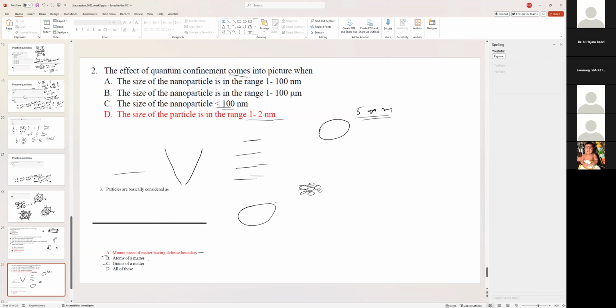Combine multiple of these atoms forming a well-defined piece, and it has a boundary. And this is a particle.